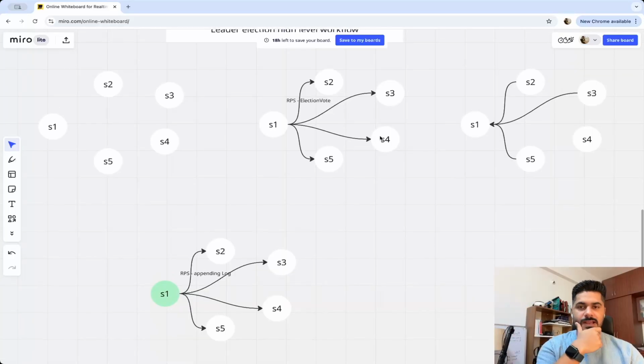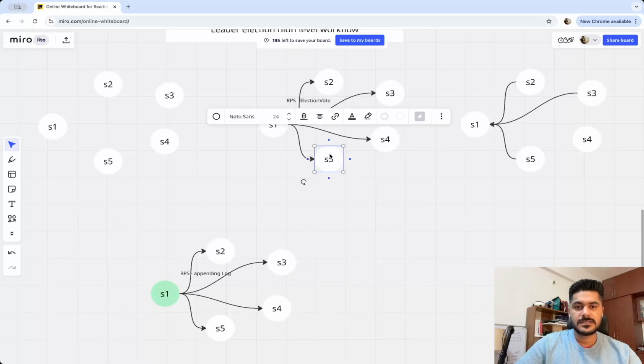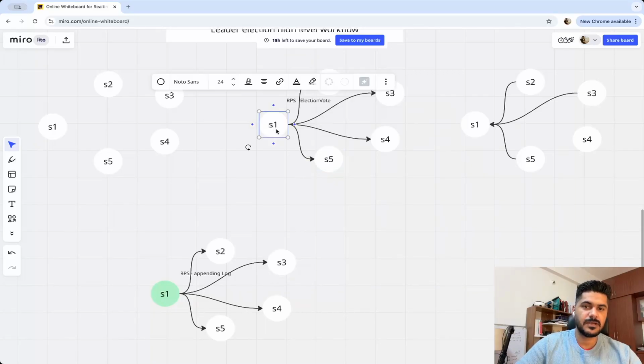In that case, they will first assign themselves as candidates and then send the request. So if S5 and S1 are requesting votes at the same time to become the leader, S1 will definitely not give its vote to S5 and vice versa.